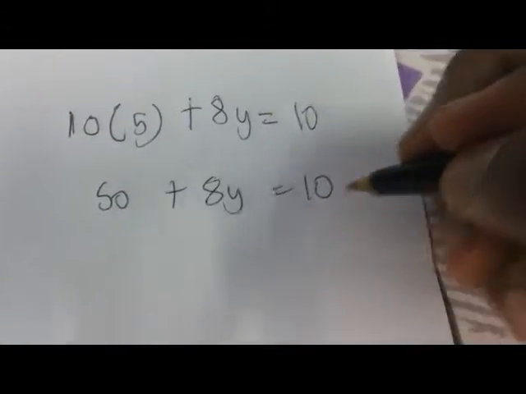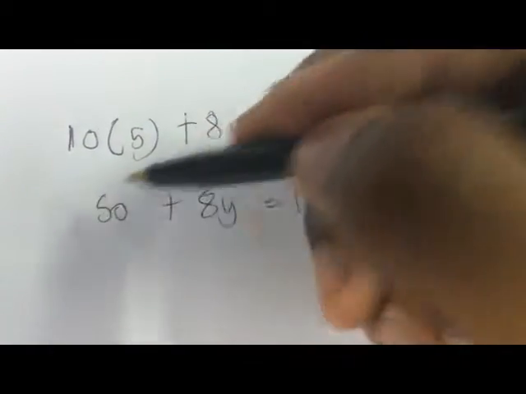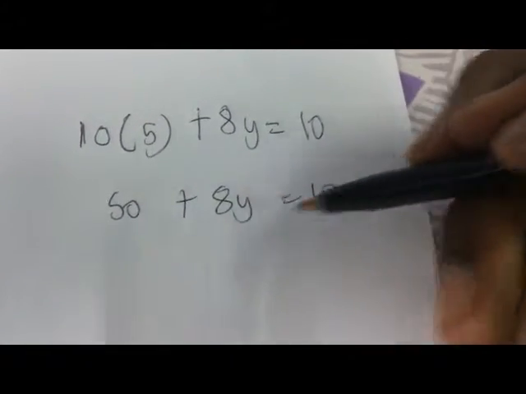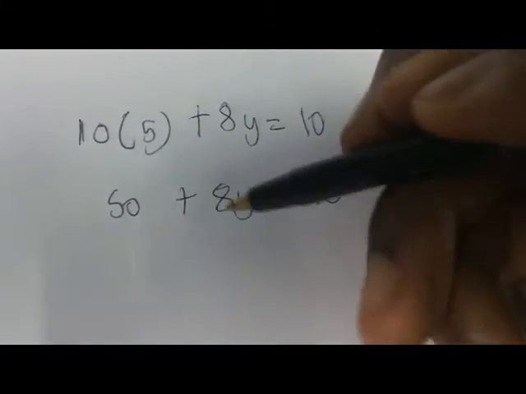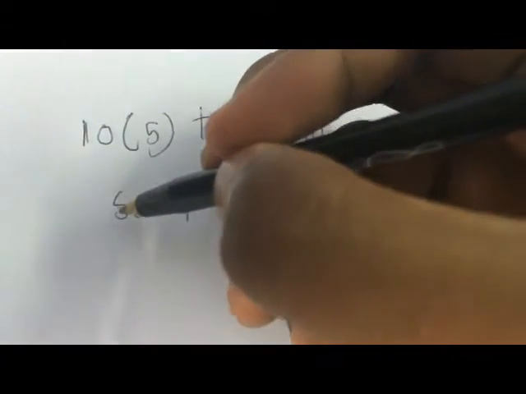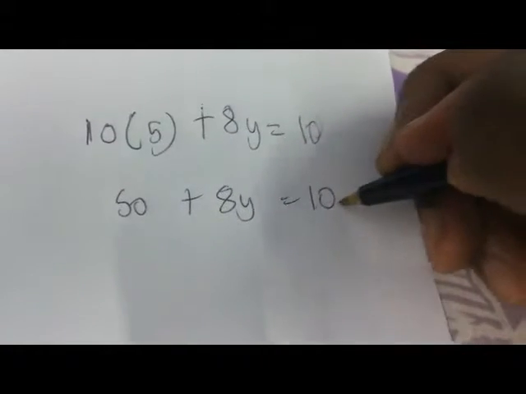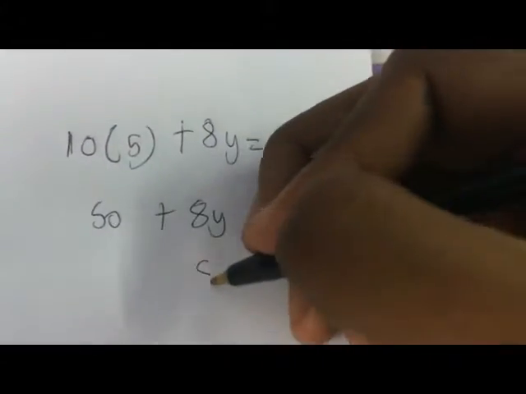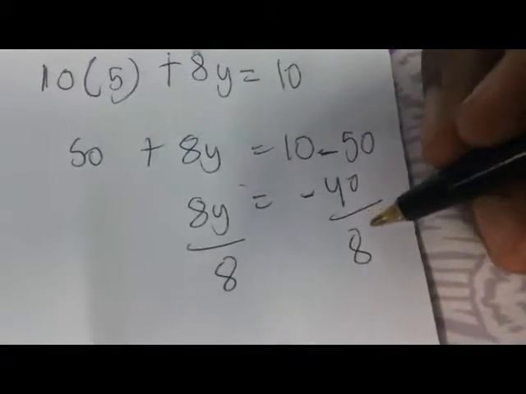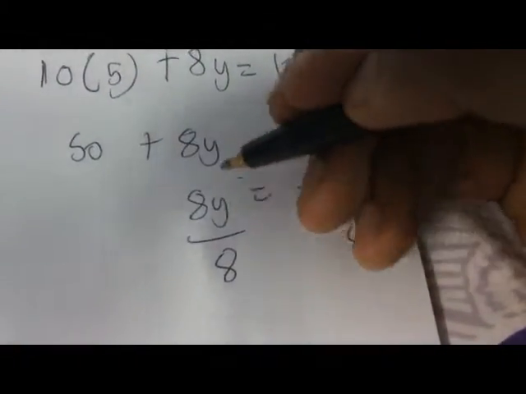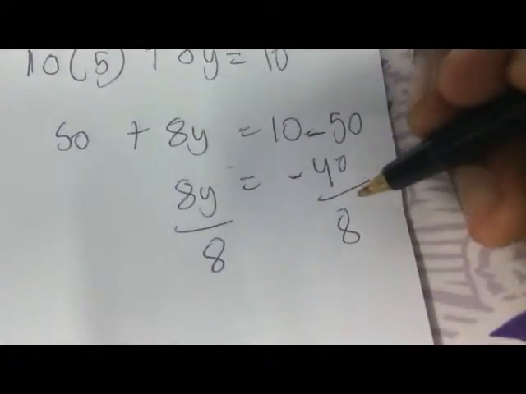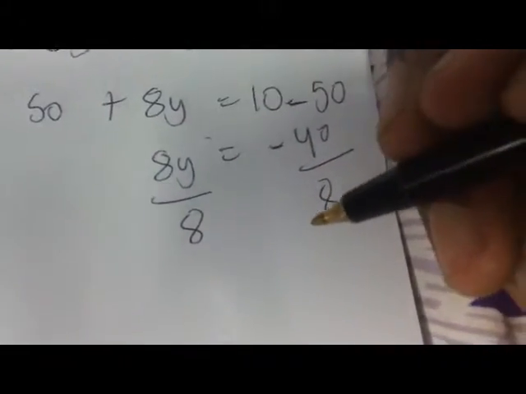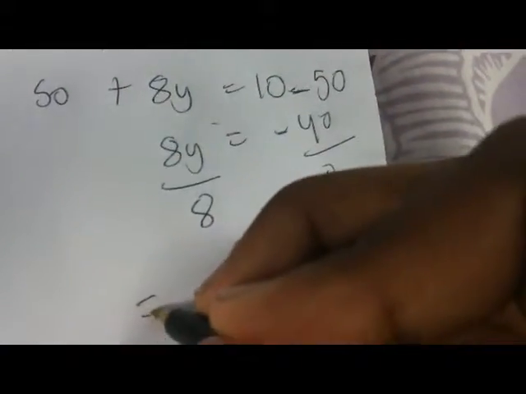So we have to move the positive 50 to the other side, so that it has same terms in each side. So the 50 becomes negative 50. So 10 minus 50 equals negative 40. So negative 40, we have to cut the y here in order to divide. So negative 40 divided by 8 equals y.